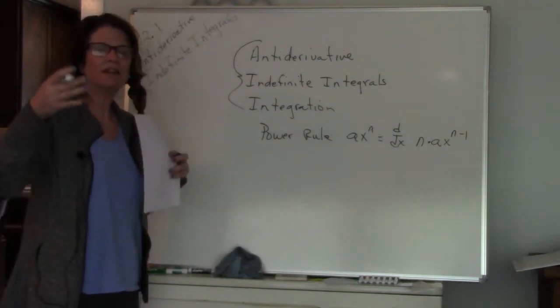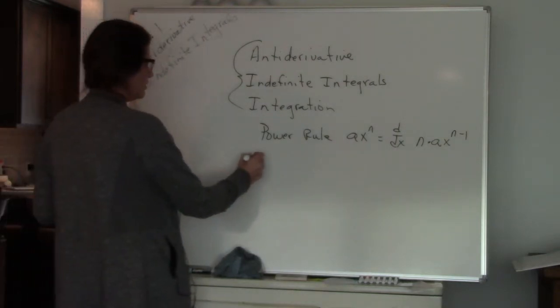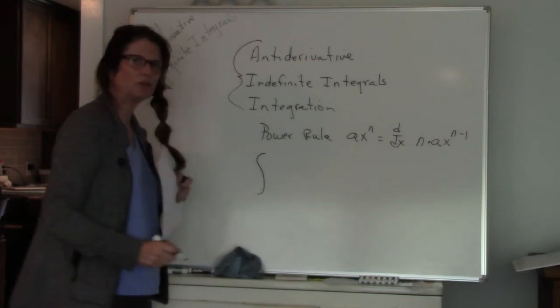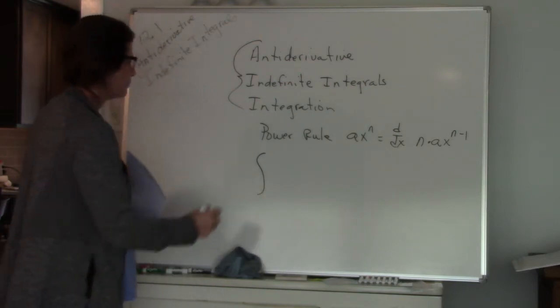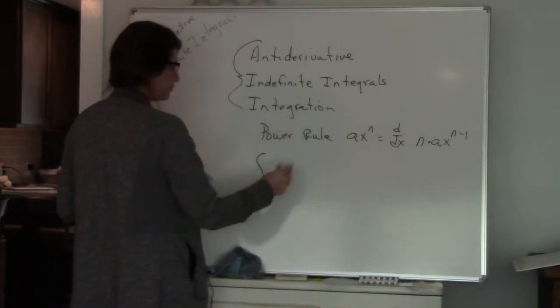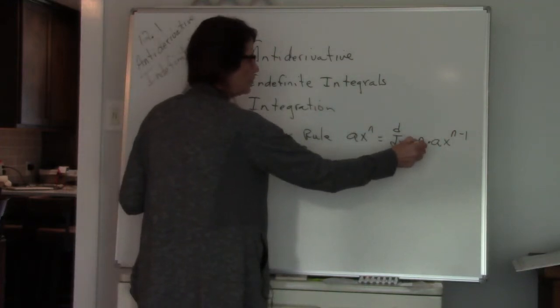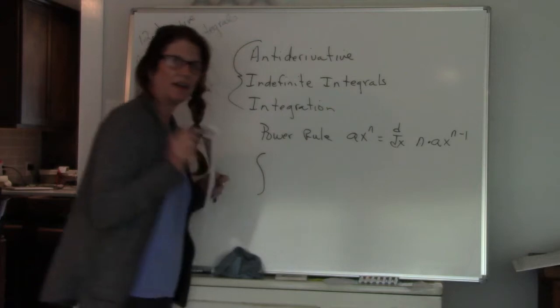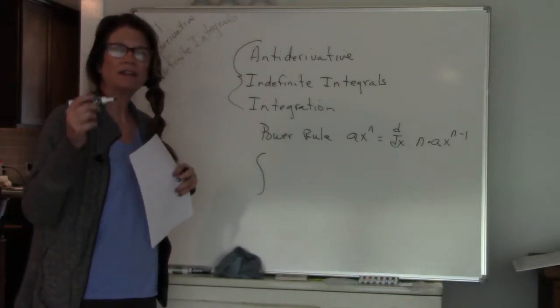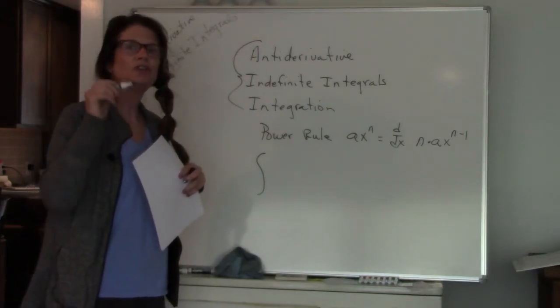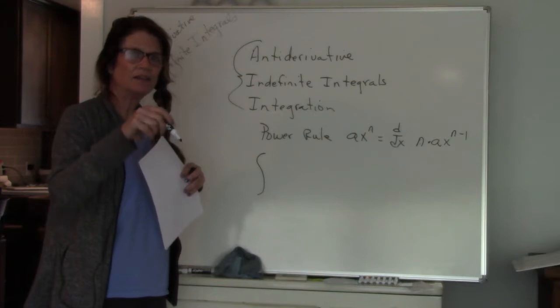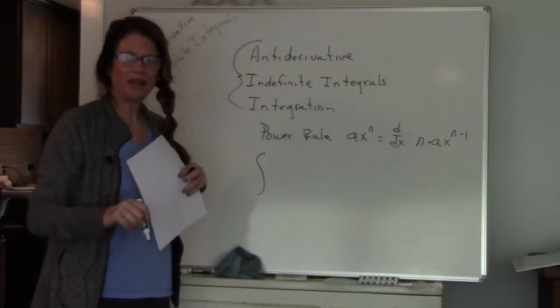When you're finding the antiderivative, the symbol, that's your integration symbol. Okay, and what you're going to do is you're going to do the opposite. So when you're finding the derivative, you multiply and then subtract. When you find the antiderivative, you add and then you divide.